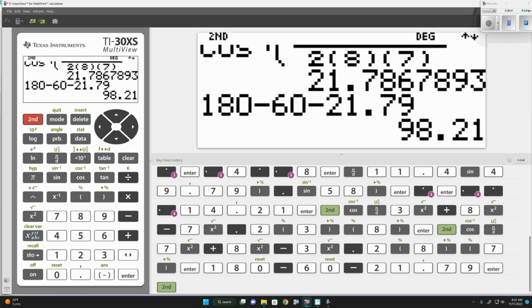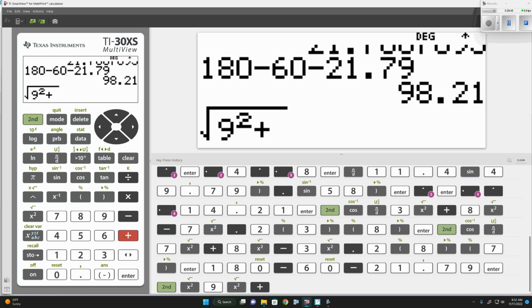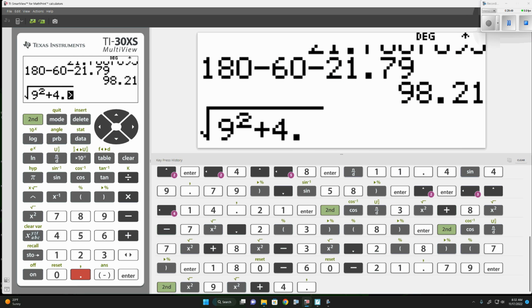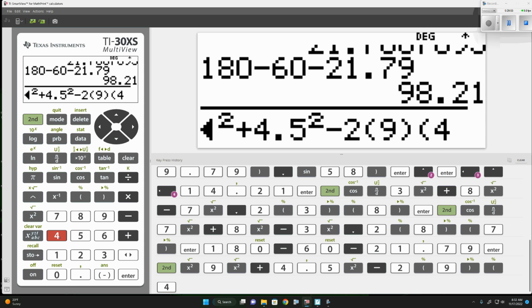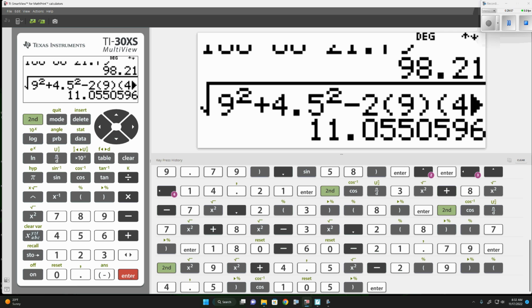So in here we can go second square root of 9 squared plus 4.5 squared minus 2 times 9 times 4.5 cosine of 105. And we find out that that side is 11.06.